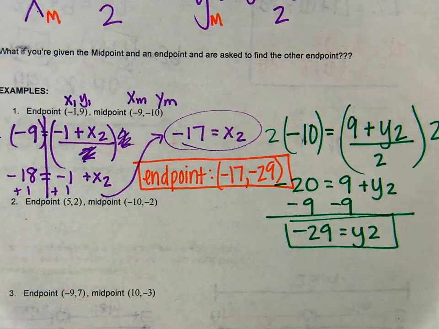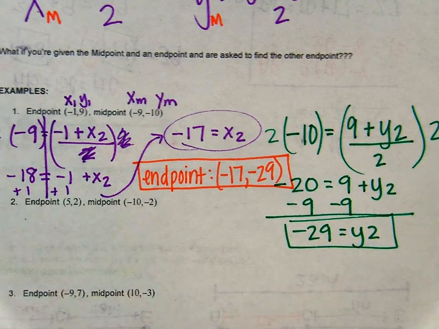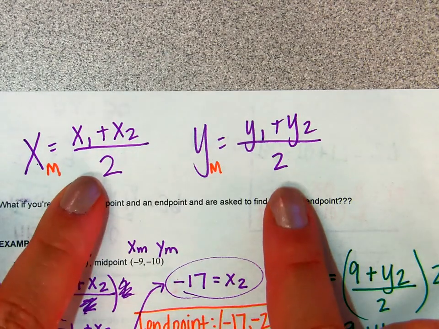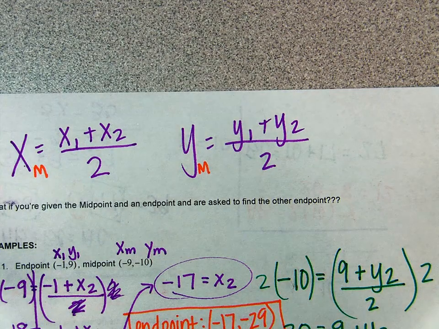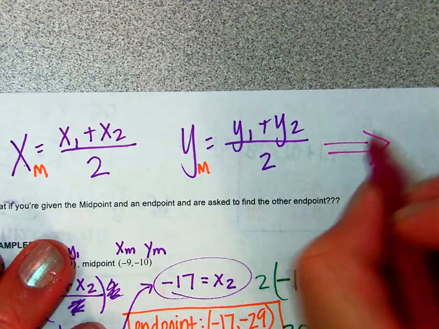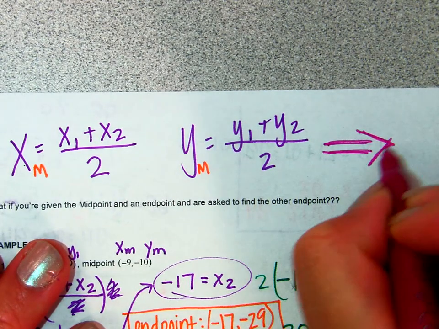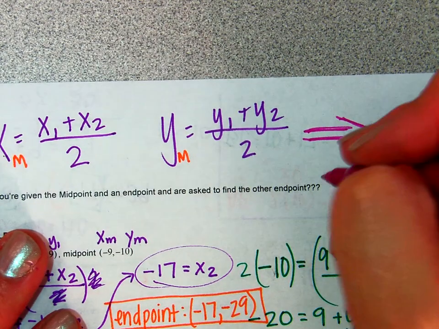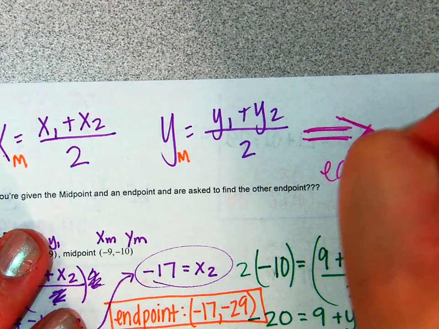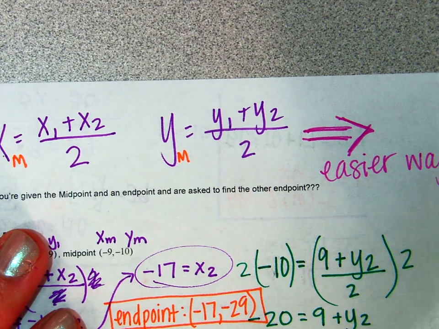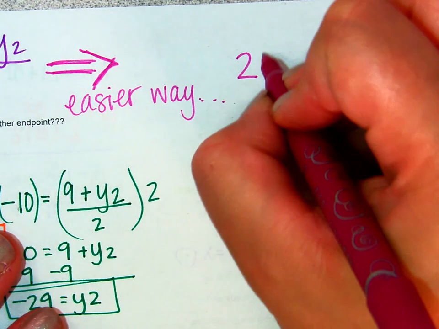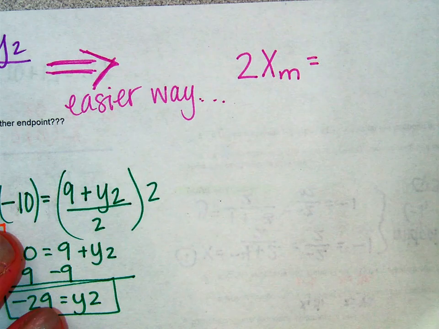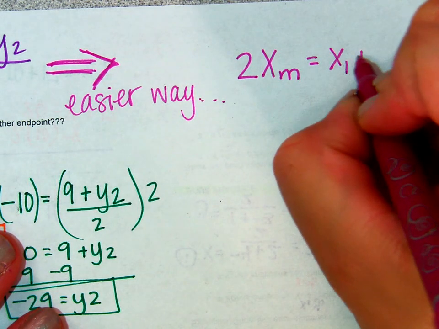Now, after doing that problem, is there an easier way for us to simplify these? Okay? I think there is an easier way. We know that when we plug everything in, we have to multiply each side by 2. So what if, for an easier way, what if we did 2 times xm equals x1 plus x2?